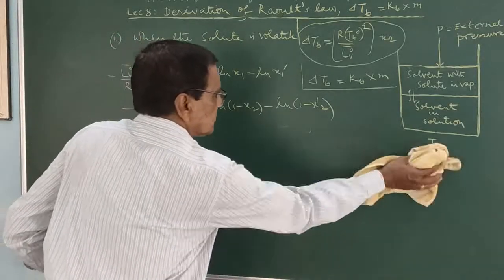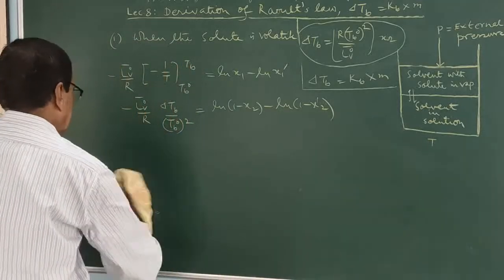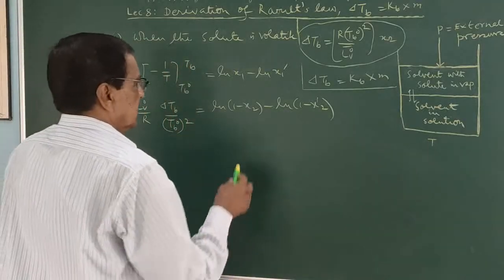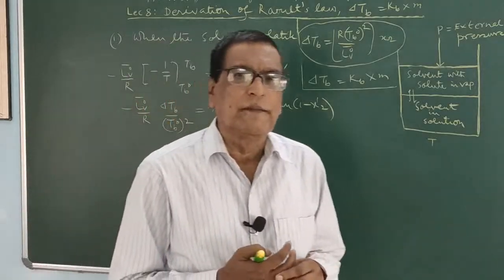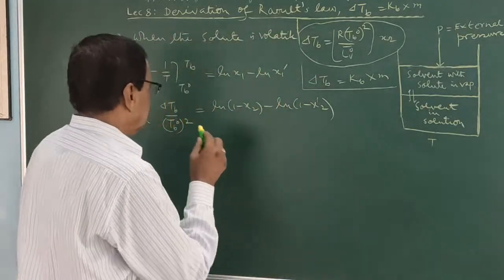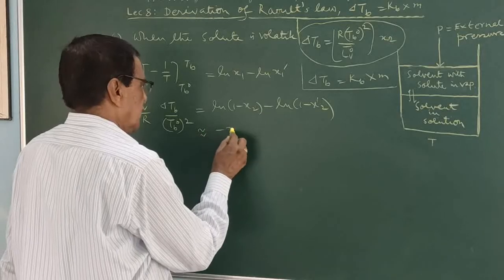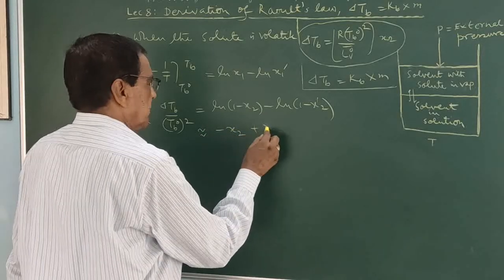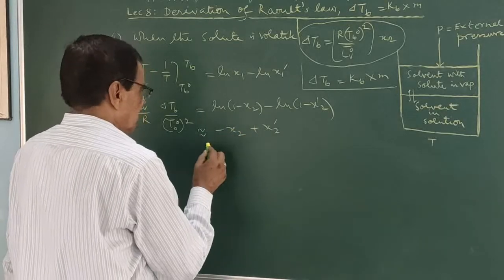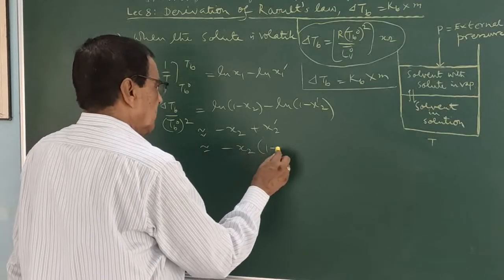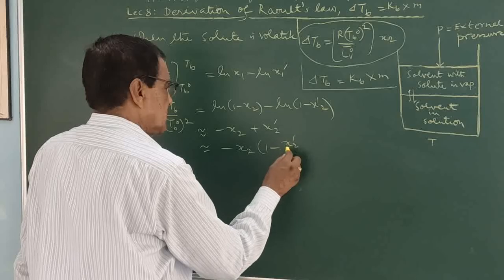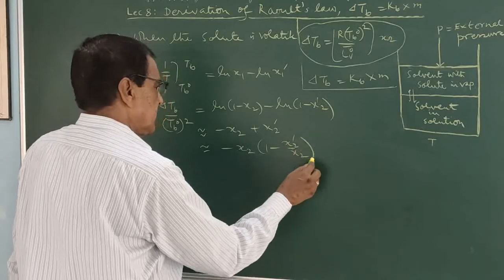So if we consider that x2 and x2 dash are very small in comparison to 1, then it could be written as minus x2 plus x2 dash, or equal to x2 into (1 minus x2 dash divided by x2).